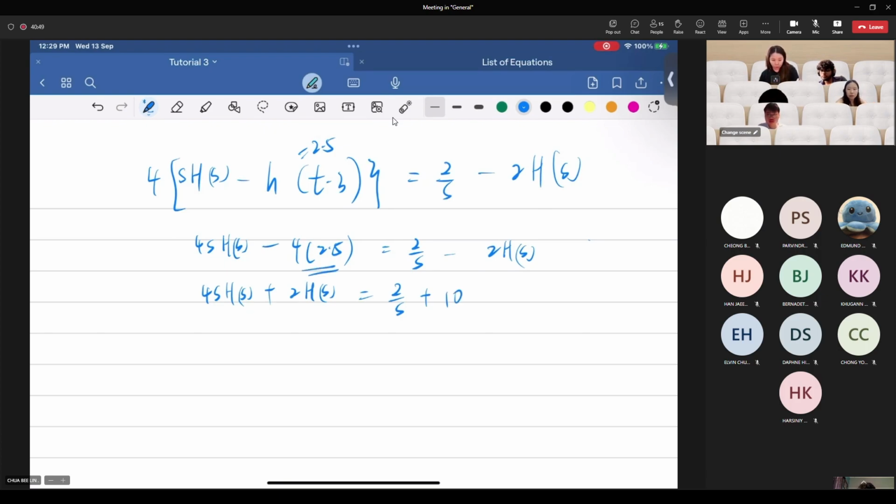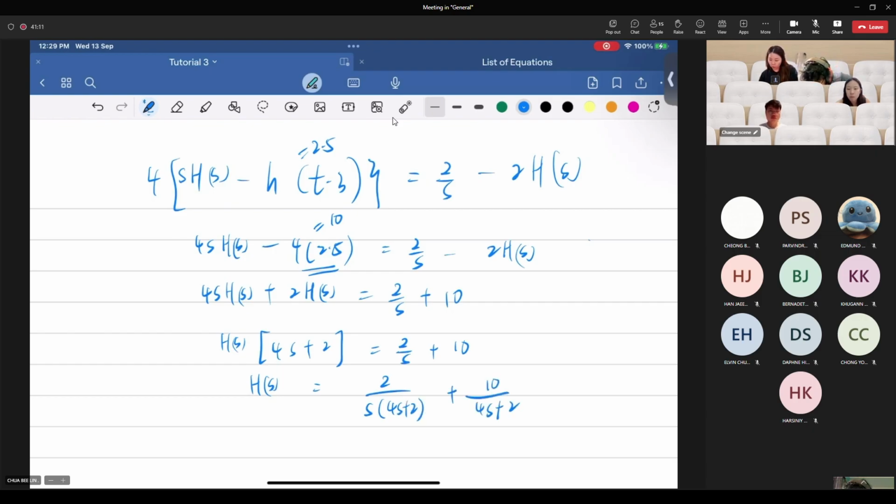So this one gives you 10. Factorize the hs, 4s plus 2. So hs equivalent to 2 over the s, 4s plus 2 plus 10 over 4s plus 2.